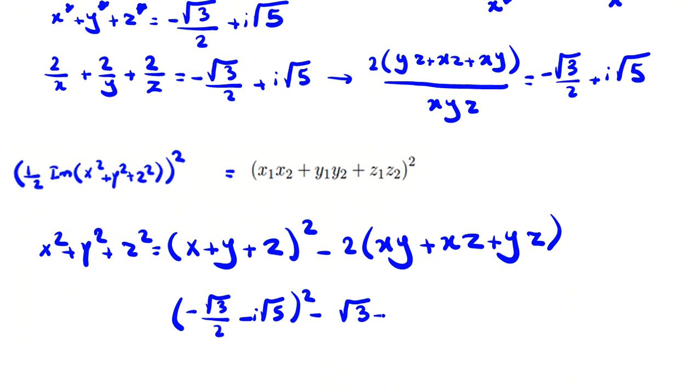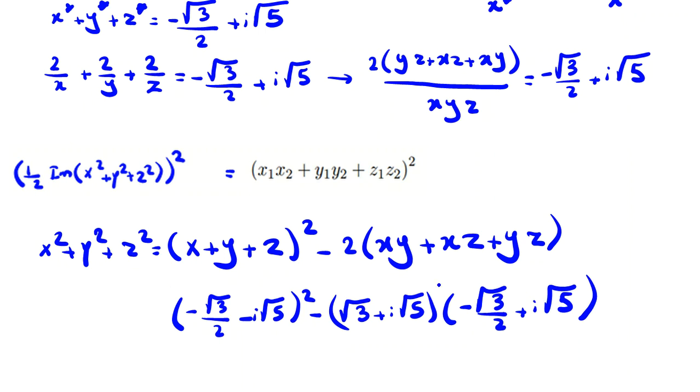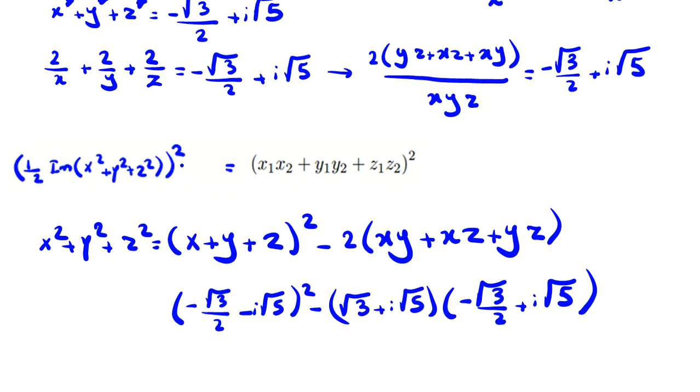Root 3 plus i root 5. You cross multiply here, minus root 3 over 2 plus i root 5. So here it's x squared plus y squared plus z squared. We should calculate this, and then we need what? The imaginary part of that.